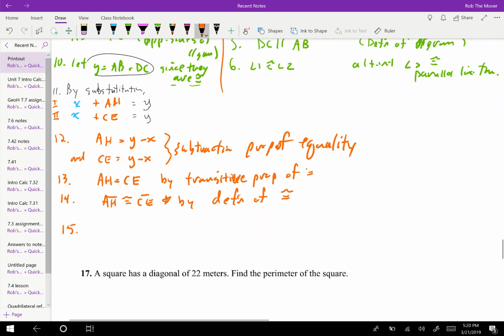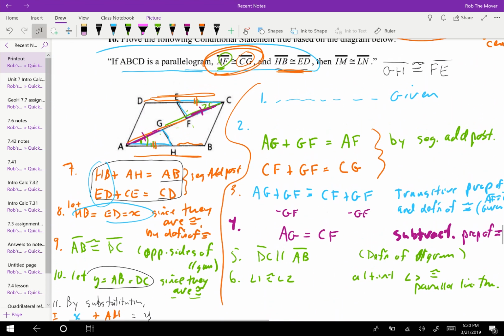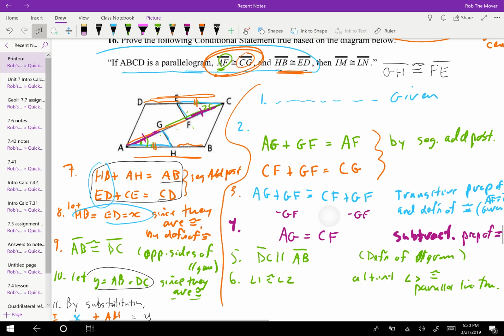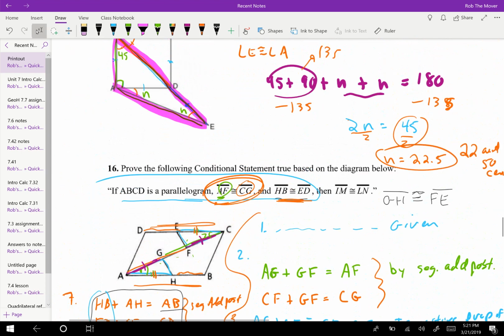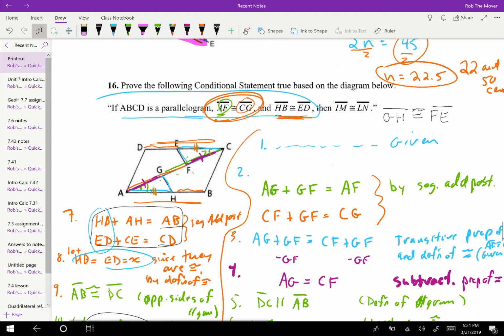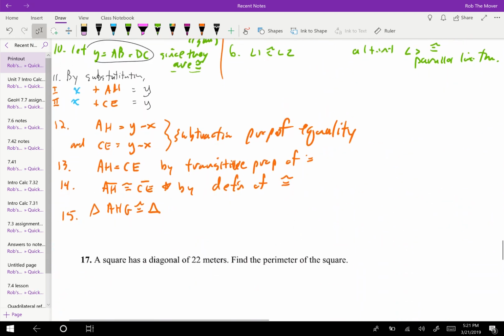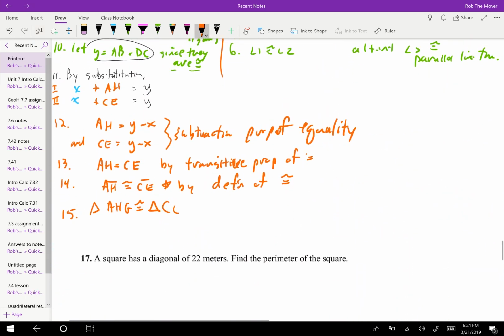So now I can say triangle AHG is congruent to triangle CEF by side angle side.